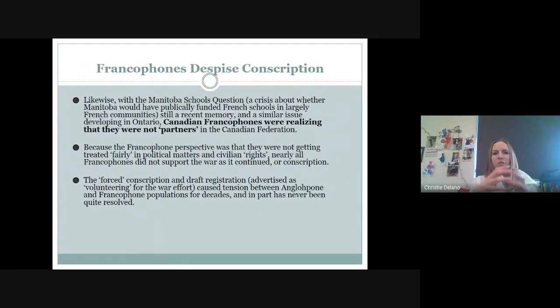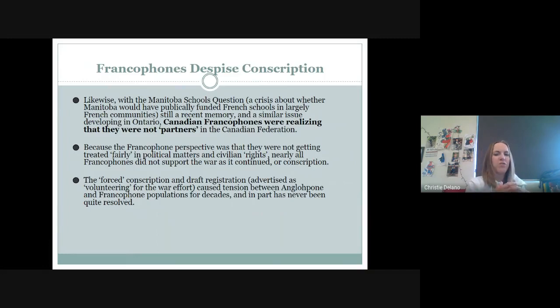There's other issues related to the language question in Canada as well. In Manitoba, they had a fully funded French school system, right? And Manitoba has a very large Métis population at this point in time, very large French settlements, and many Canadian Francophones, so not Quebecois, but many Canadian Francophones were realizing that they weren't really equal partners in this Canadian Federation.